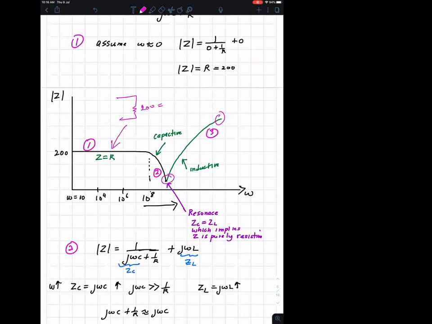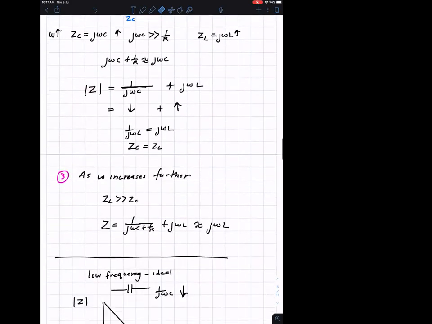It can be, for example, 50 ohms at this point, and 600 ohms at this point. That means it's going to be a total disaster. Say if we put you as a rocket engineer, the rocket is going to plunge into the ocean.